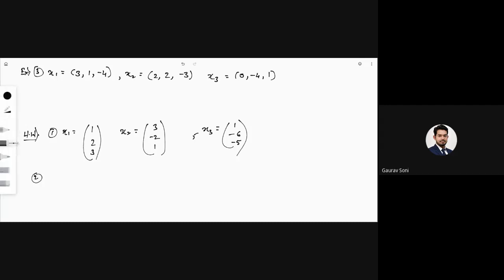Second one, x1 is equal to 2, 1, minus 1, 1. X2 is equal to 1, 2, 1, minus 1. And x3 is equal to 1, 1, 2, 1. These two are homework for you.